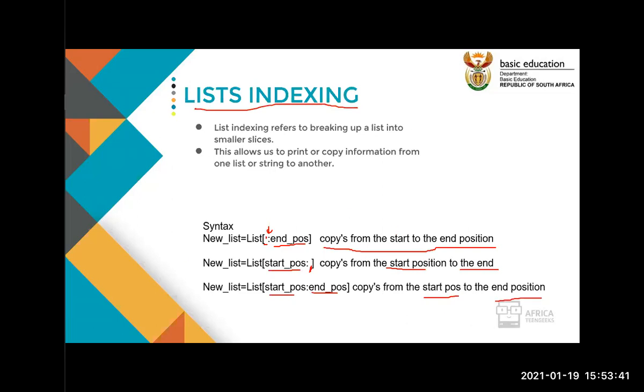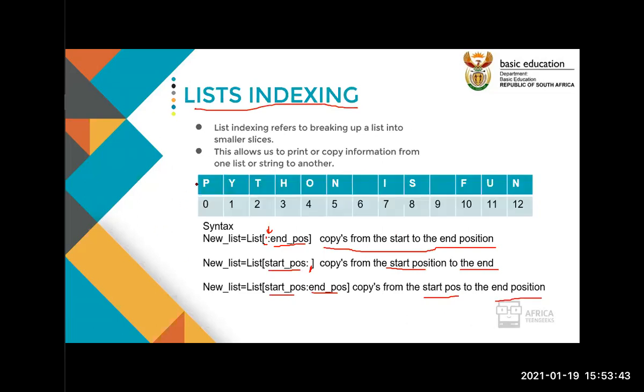And if we look at the example here, now going back to string, because I told you we can also use this for strings, but you can also imagine this as a list. Each list position is holding a letter. So lists and strings have that in common. So if I say, what if I wanted to copy from blank here, and I give you 4 here, what Python will do is, because you didn't give me a starting position, I'm going to start copying from the beginning.